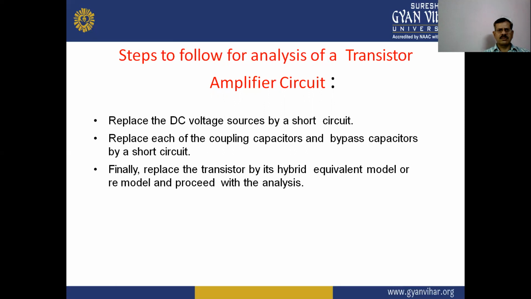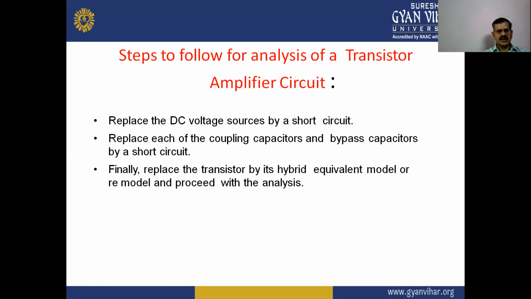So some steps to follow for analysis of a transistor amplifier circuit. First, replace the DC voltage source by a short circuit. This is the analysis of a transistor amplifier circuit.